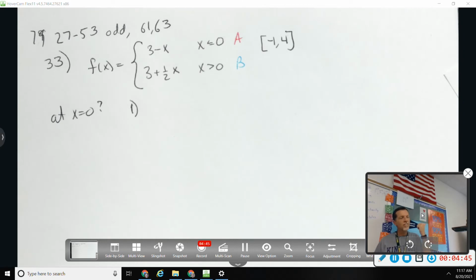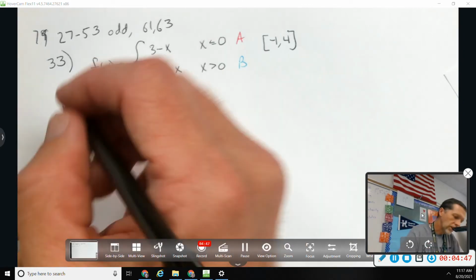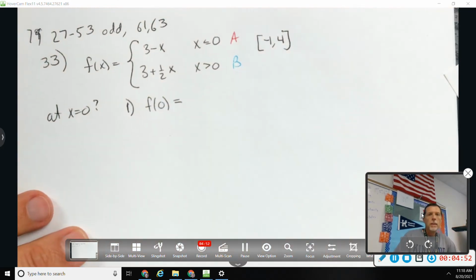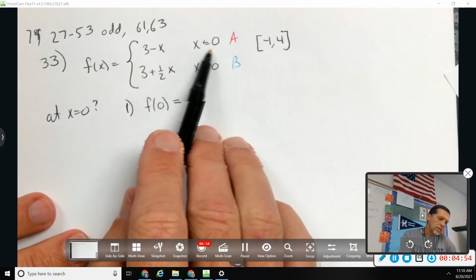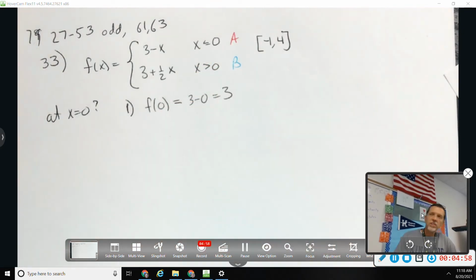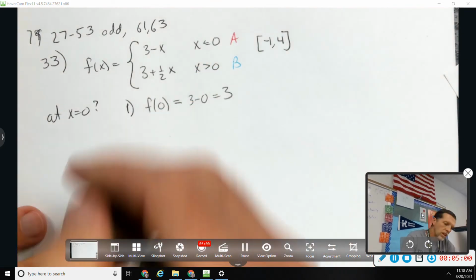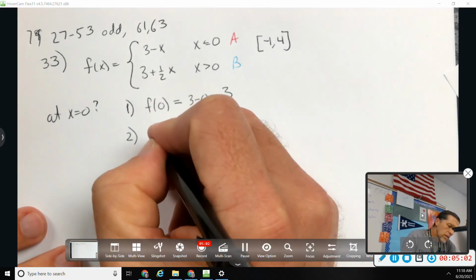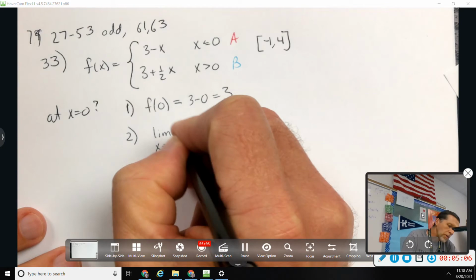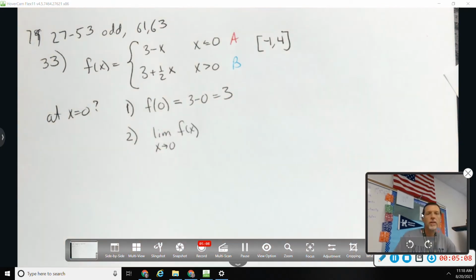Function exists, limit exists, they equal each other. So f of 0, well, I would be plugging into option A there. So the function exists. Does the limit exist? I'm not sure yet. That's what we're looking for.